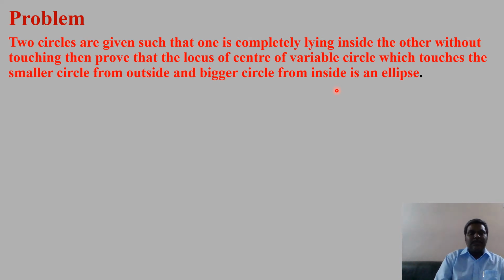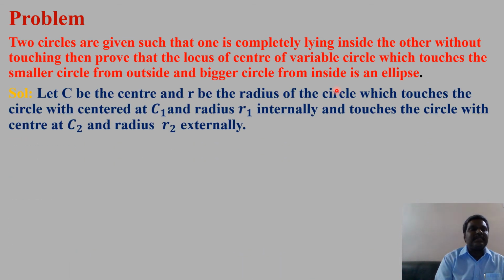Further, let C be the center and R be the radius of the circle which touches the circle with center at C1 and radius R1 internally. So this is the largest circle. The circle having center at C1 and radius R1 is the largest circle.